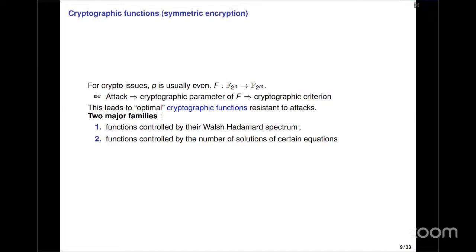And the second family is controlled by the number of solutions of a certain equation. So if you want to know if your function is strong enough or not, you have to solve an equation and count the number of solutions. According to the number of solutions, we decide if it's strong or not. So everything goes back to equations.